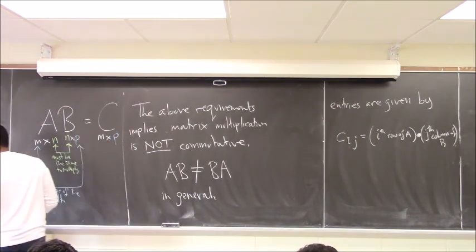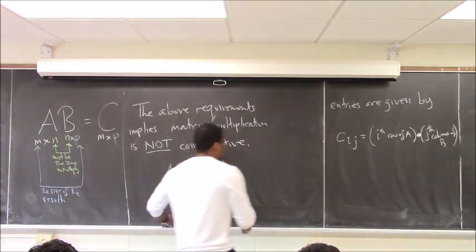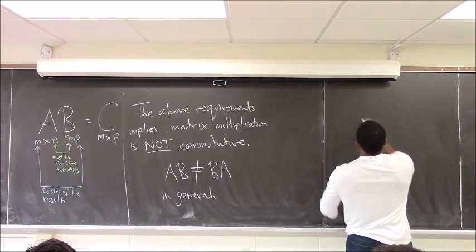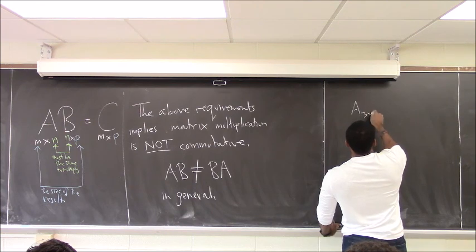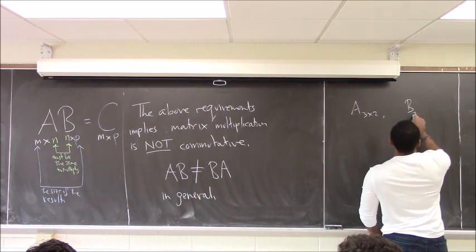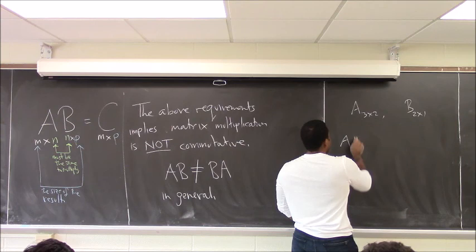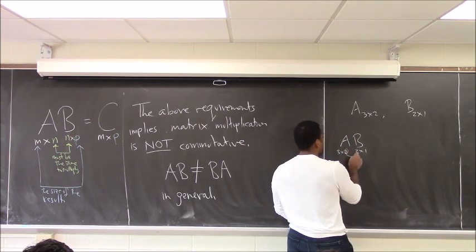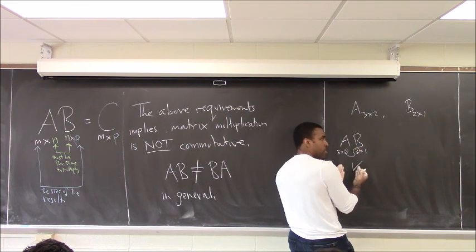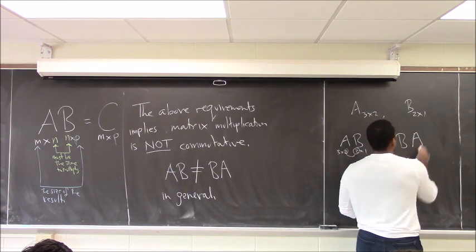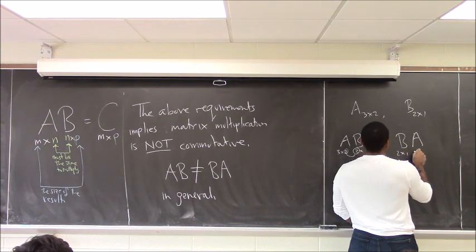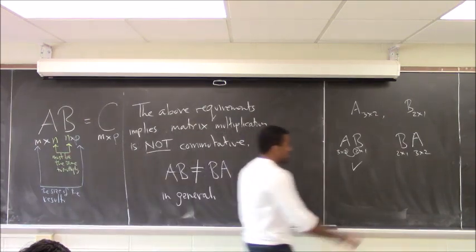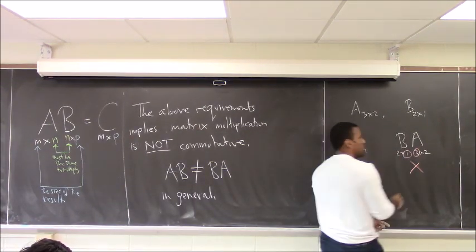So you can imagine if A is a 3 by 2 and your B is a 2 by 1, then AB, because this is 3 by 2 and that is 2 by 1, these two match up, so bing, that's actually defined. Whereas if I look at BA, this is 2 by 1 and this here is 3 by 2, you would notice that the inner numbers no longer match up. Undefined.